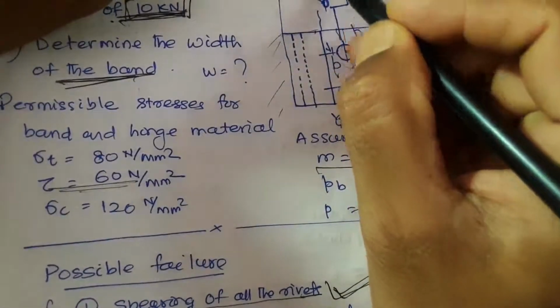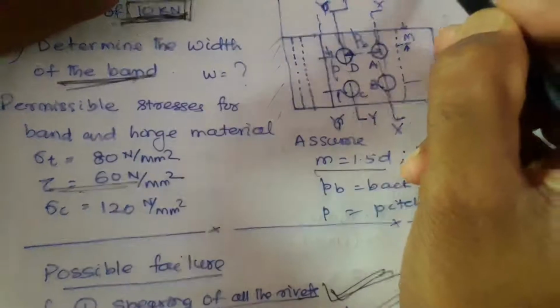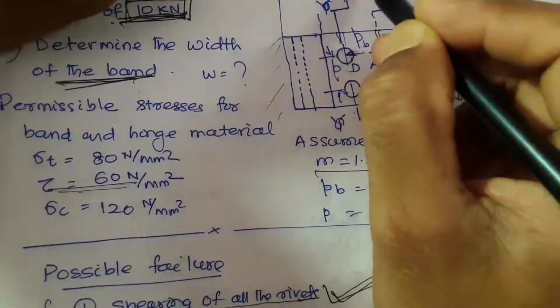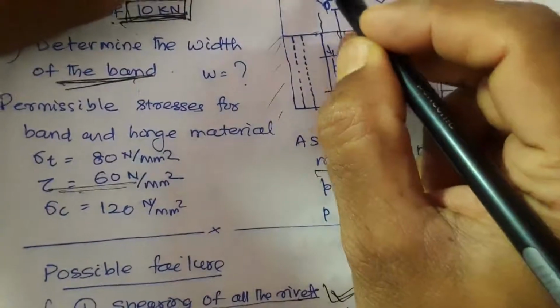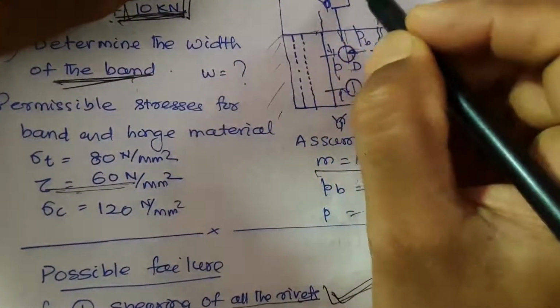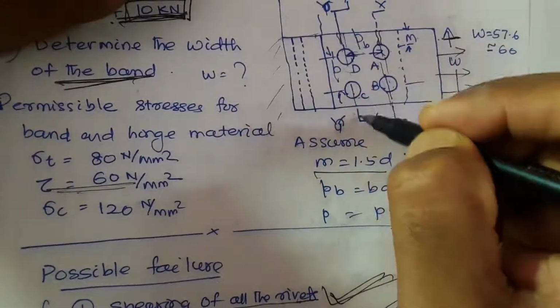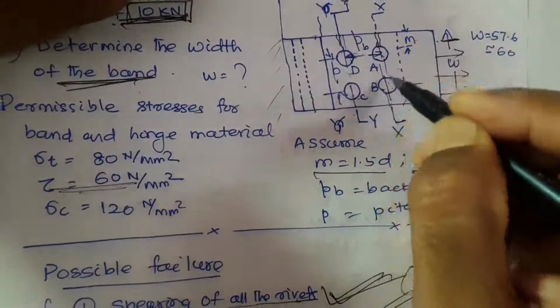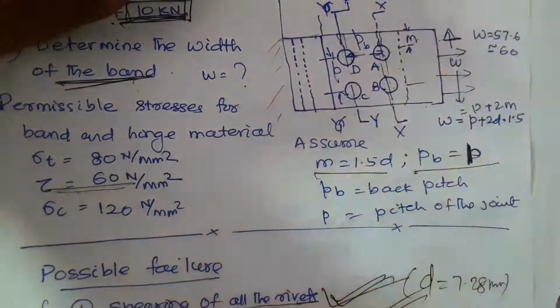But if it fails at the other location, it will still not be separated completely, because the front rivet will be holding them together. The top plate which is being joined to the bottom one, if it fails at this location with a crack through, will not separate, because these two will be holding it together.